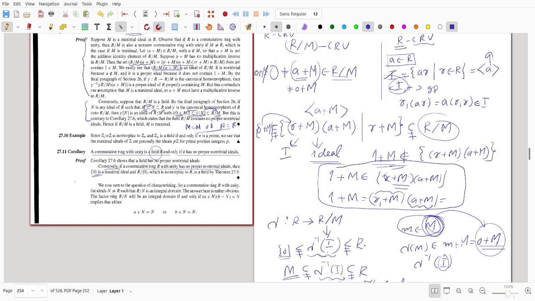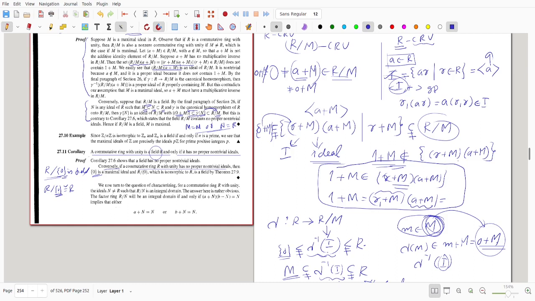0 is the maximal ideal. If there is no other ideal, it means the maximal ideal of R is the singleton set 0. We already proved that this is the maximal ideal. So since this is the maximal ideal, then R over 0 is a field. But we know that R over 0 is isomorphic to R itself. We already proved that using the fundamental theorem: the identity function from R to R has kernel the singleton set 0.